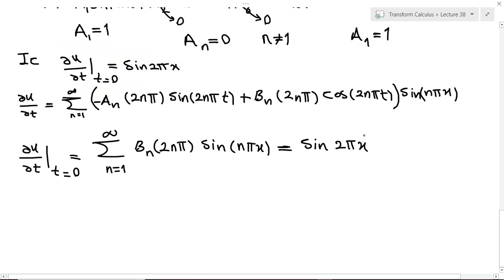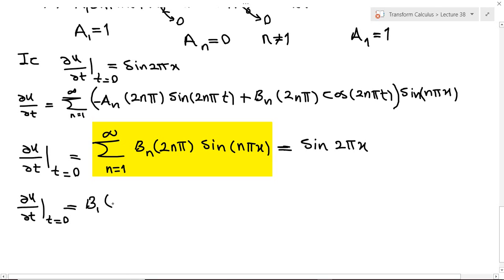Again, for finding bn, you can use half range series, but I'm going to expand it again. If I expand du over dt at t equal to 0, if n is equal to 1, we have b1 times 2 times 1, so it's 2 pi sine pi x.